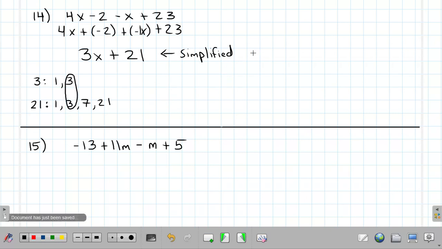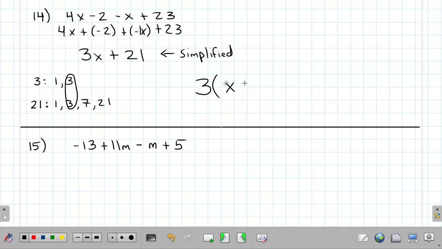So we're going to take it out and divide both terms by 3. So 3x divided by 3 is just 1x, so once again, just x. Now, if you do write it as 1x, that's perfectly fine, but you do need to recognize that 1x is also just considered x.